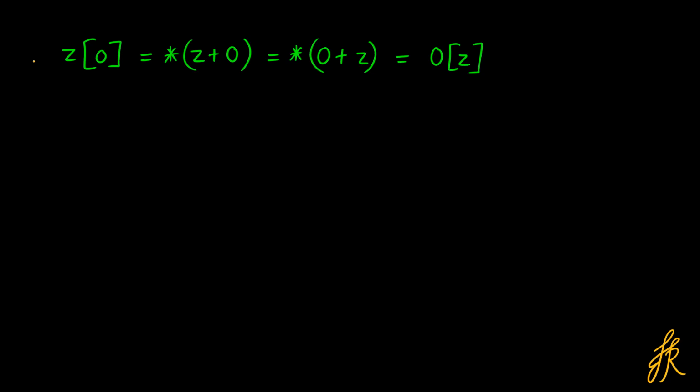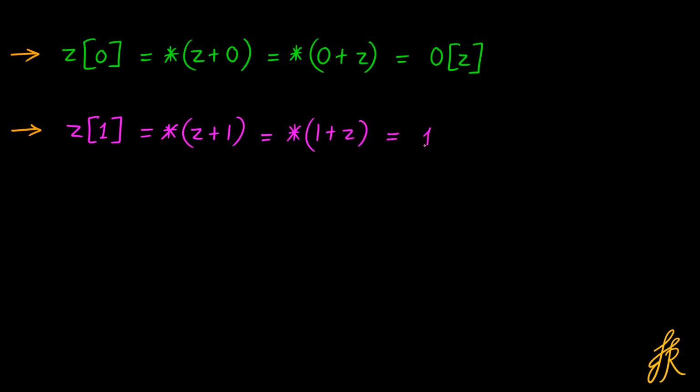Fine. So this is the first point, and the second point, z of 1 equal to star of z plus 1. So z plus 1 and 1 plus z are the same, so you can rewrite it as star of 1 plus z, and then we can also write it as 1 of z.